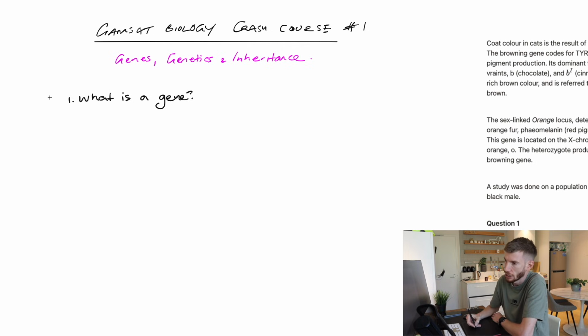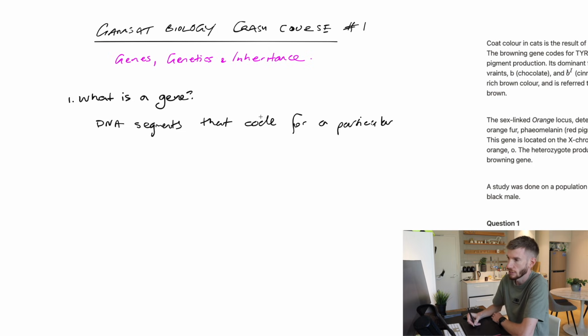But for now, we can just take DNA segments that code for a particular protein. So everything that we're looking at in biology is really just the product of proteins and the expression of a gene into that protein, and then you get some physical trait or some kind of outcome.